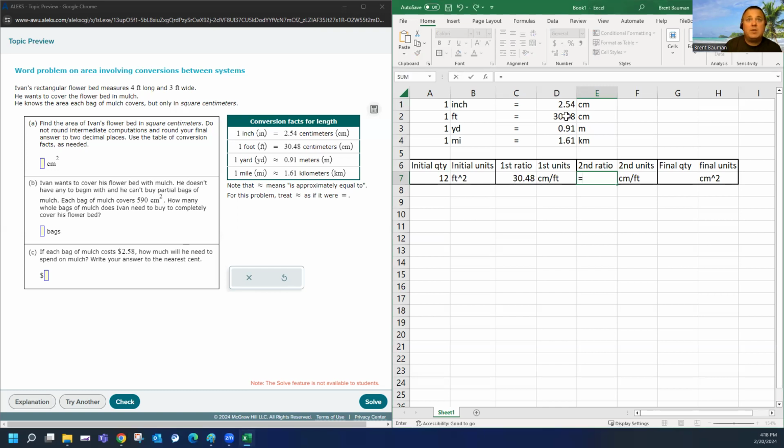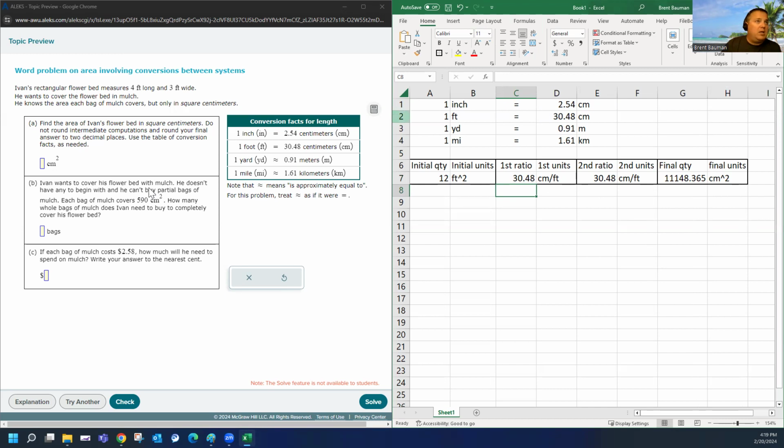We want centimeters again on the numerator and feet in the denominator. Final quantities is just going to be the initial times each ratio. Expand that out a little bit more so we can see what's going on.